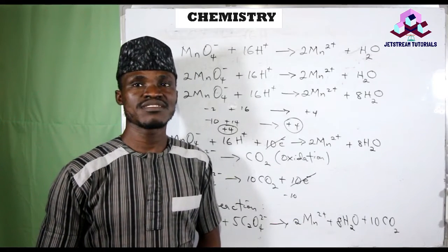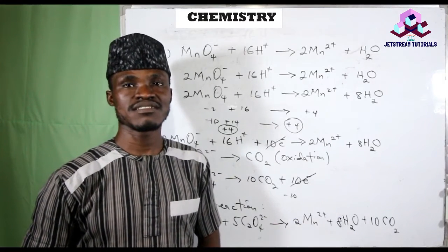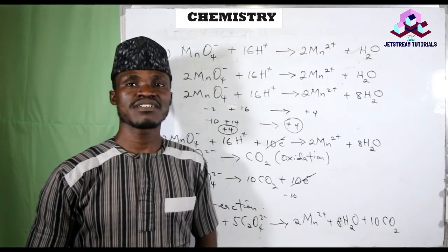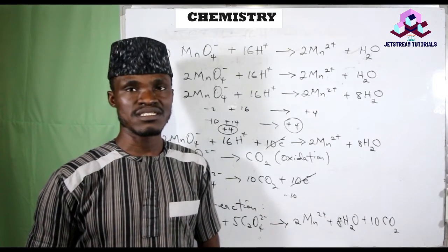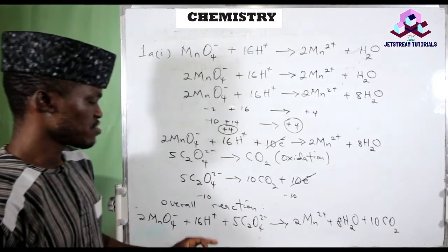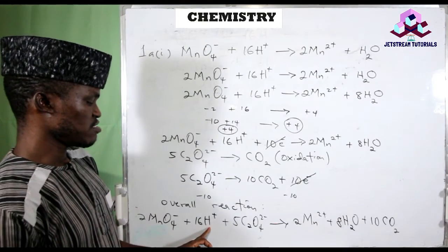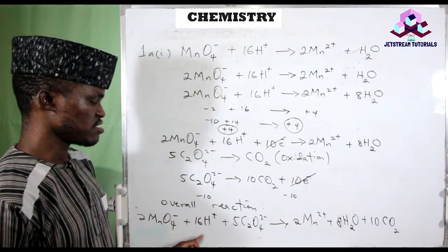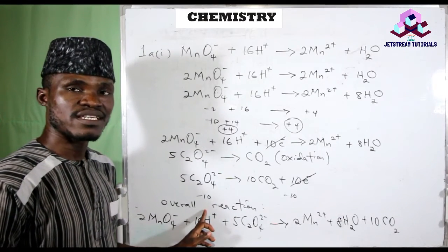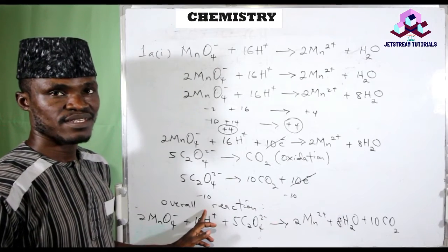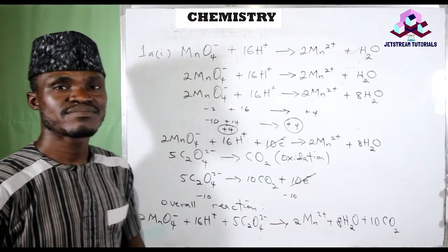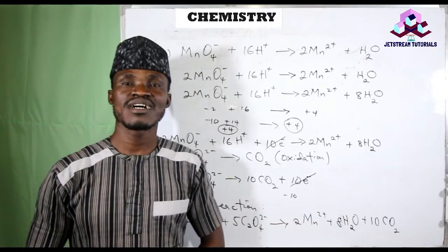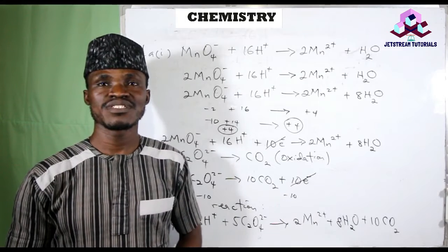In the presence of an acid, it serves as a strong oxidizing agent. That is why you see that this proton is present, indicating that the reaction is taking place in an acidic medium.